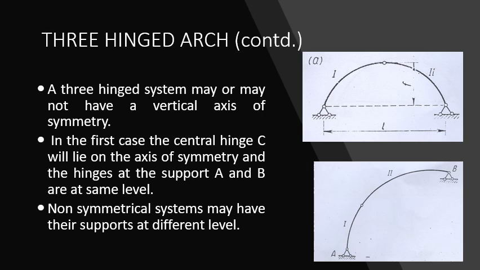It may be symmetrical or non-symmetrical, parabolic or circular. If the spring levels are at the same level, then it is a symmetrical arch. If the hinges or spring levels are at different levels, then it is a non-symmetrical arch.